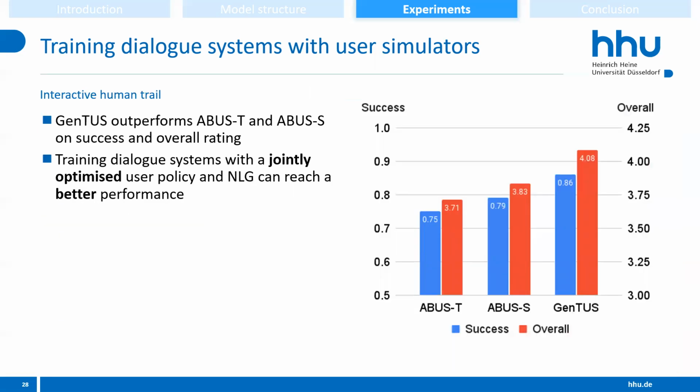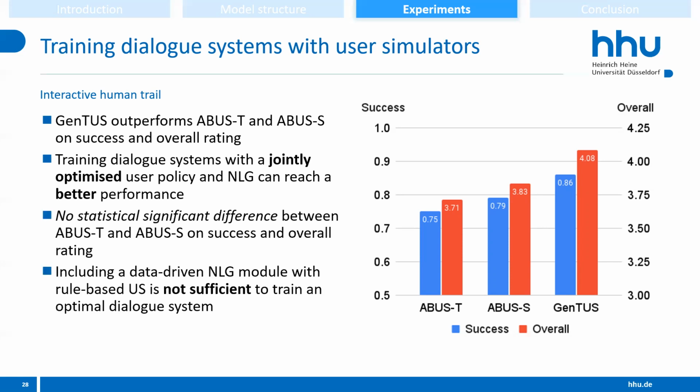Here is the result. First, we can find out the system trained with GenTUS outperforms the systems trained with the agenda-based user simulator with template-based natural language generation and the agenda-based user simulator with SCGPT on success and overall rating, which means training dialogue systems with a jointly optimized user policy and natural language generator can reach a better performance.